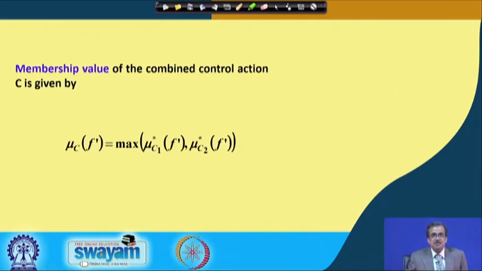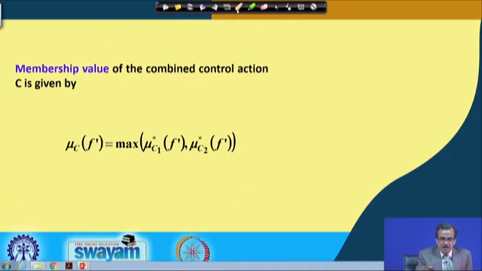And once you have got the firing strength of the fired rules, now we are going for combining. So, we try to find out the combined control action considering both the fired rules, and as we have already discussed, we take the help of the max operator, and that is nothing but the OR operator, and using the concept of the max operator, which I have already discussed, we can find out what should be the output.